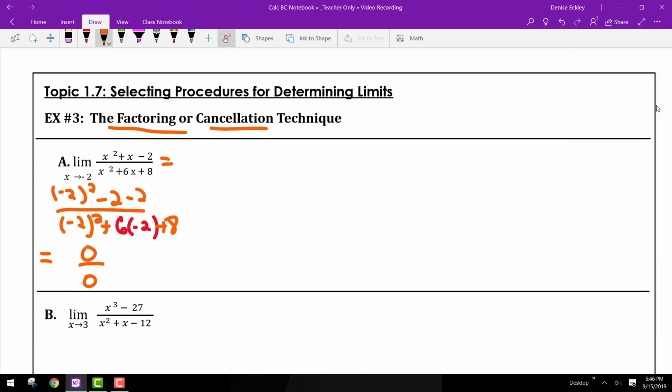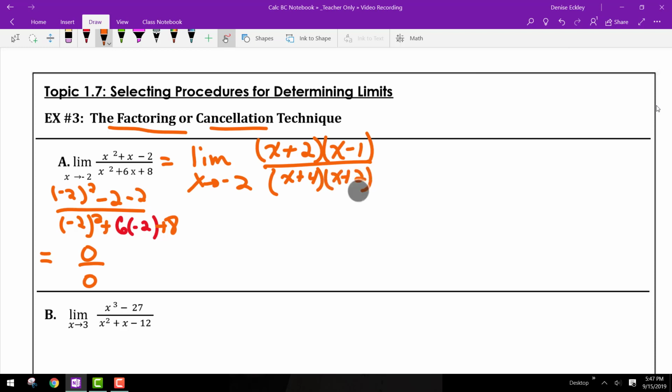So let's factor these. I'm going to take the limit as x approaches -2, and the top factors into (x plus 2) times (x minus 1), and the denominator factors into (x plus 4) times (x plus 2).